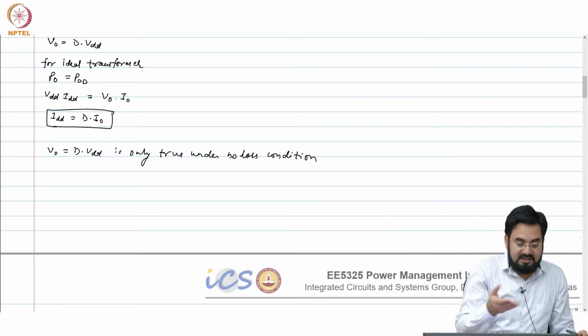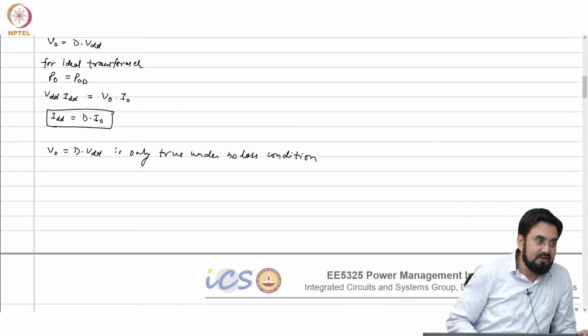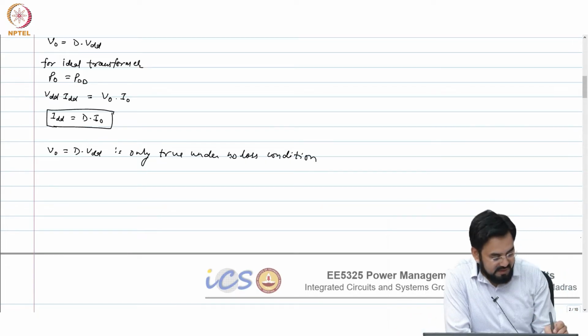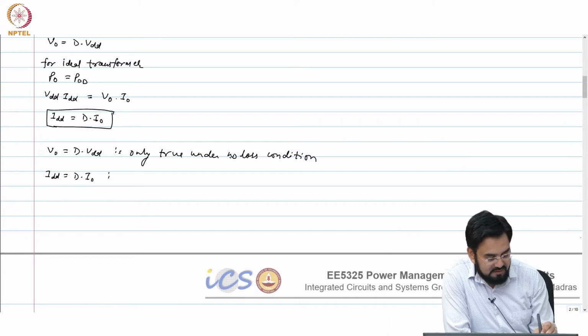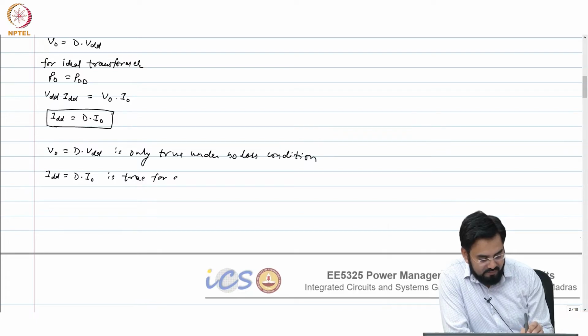Otherwise, it is D times VDD minus V loss. But this IDD equal to D times V out is true for all conditions.